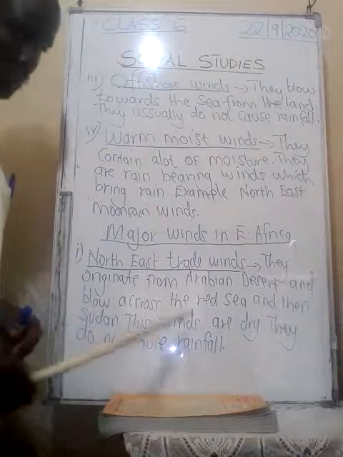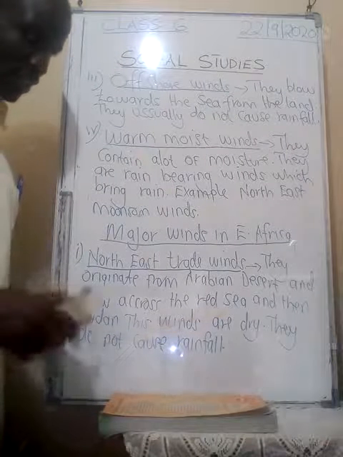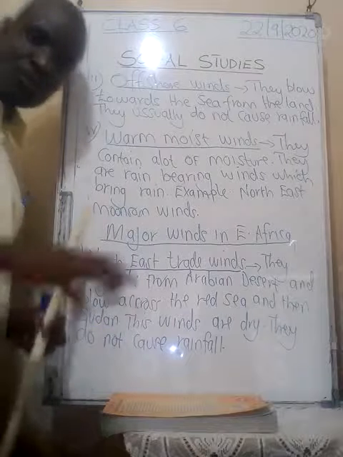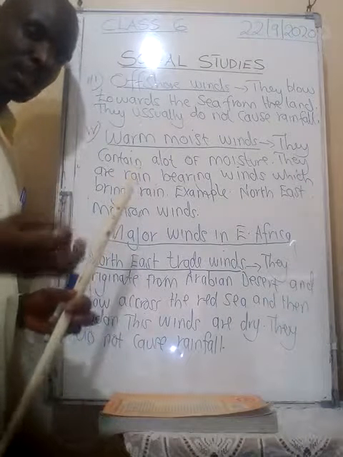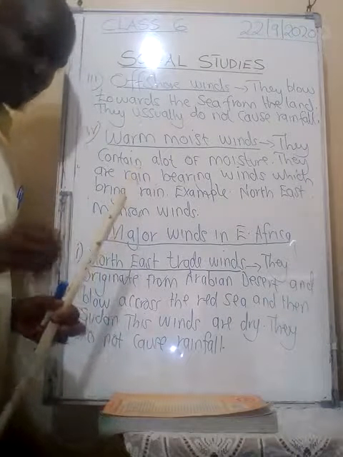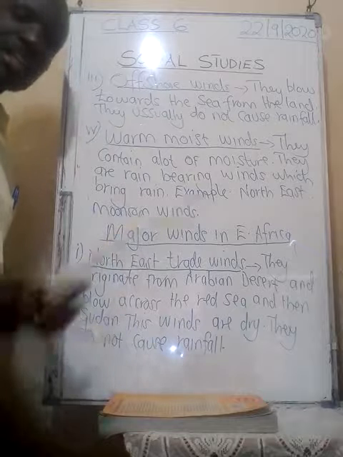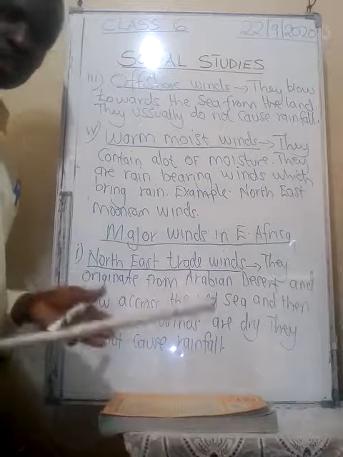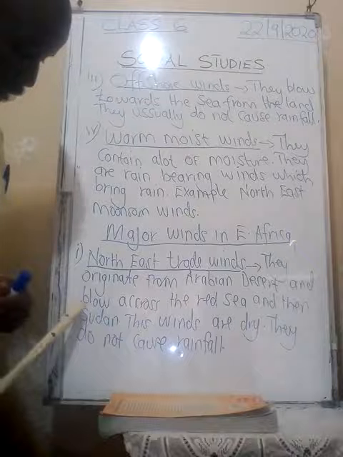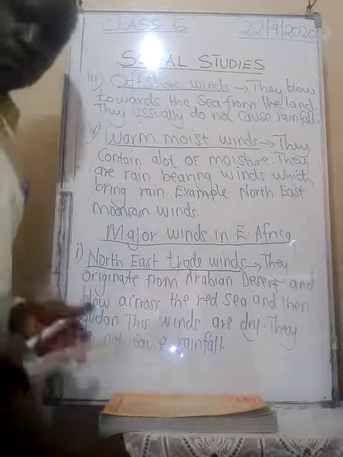They blow across the Red Sea and then the Sudan. Part of Sudan and Egypt have a desert called the Sahara Desert. When these winds come to this desert, they are already dry, so they do not cause rainfall.